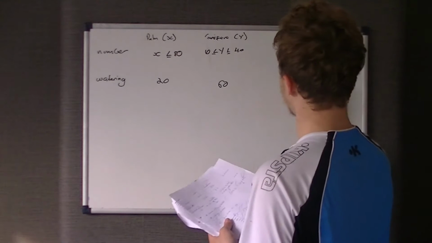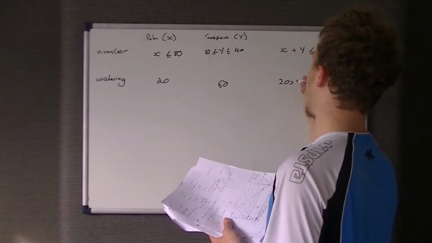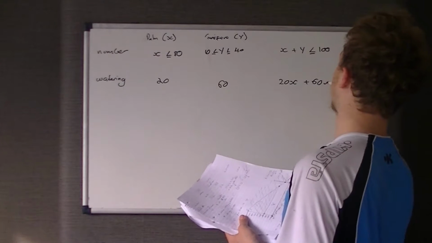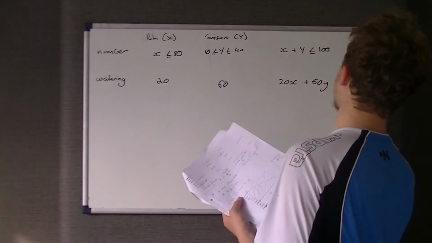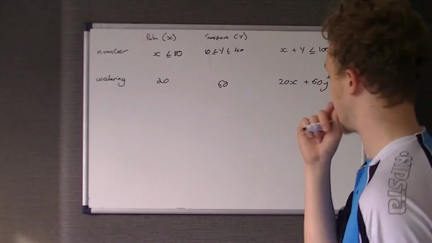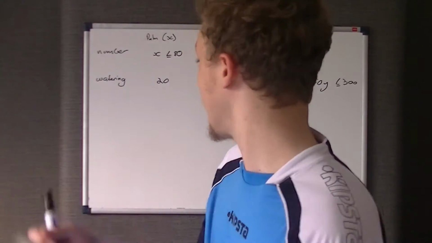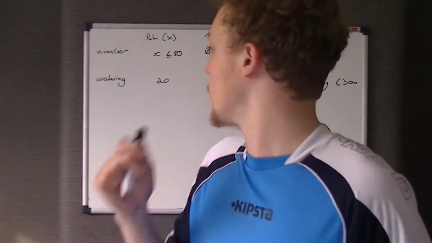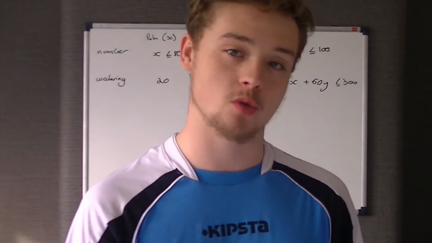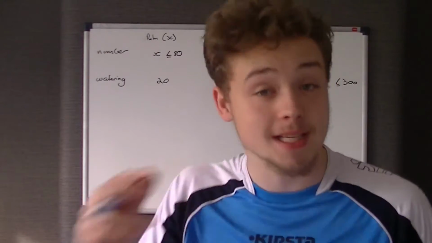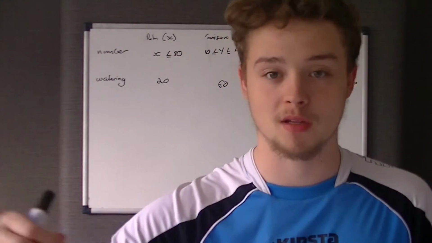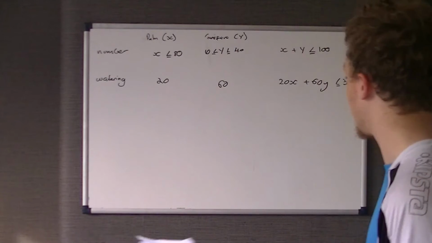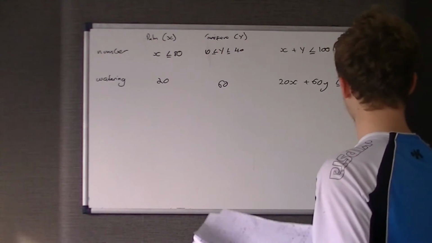So 20x plus 60y must be less than 3,000. In fact, the reason why I put 20x there, actually you did need to put 20x, is because for every x palm tree you need 20 litres, so you times it by 20. Whereas for each conifer, y, you need 60 litres, so you do 60 times the number of plants. And the total must be less than 3,000.